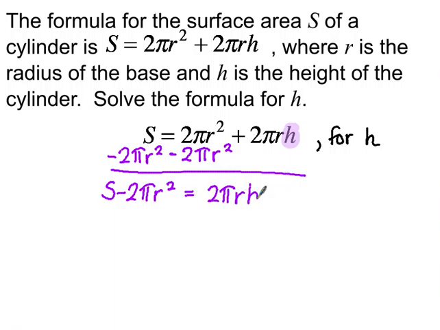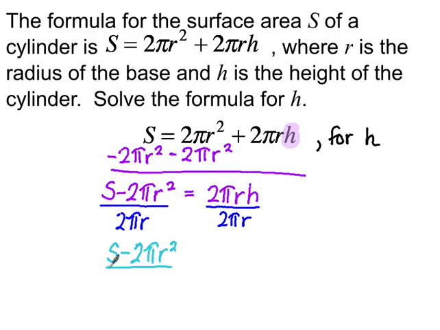Now remember, our goal is to get the h all alone. So what are you going to do? Divide by 2 pi r. So I'm going to come over here and divide by 2 pi r. So what ends up happening is I'm left with S minus 2 pi r squared divided by 2 pi r. And that equals, notice you cancel those, h. Now can you cancel out your 2 pi r? No, because S does not have a 2 pi r.